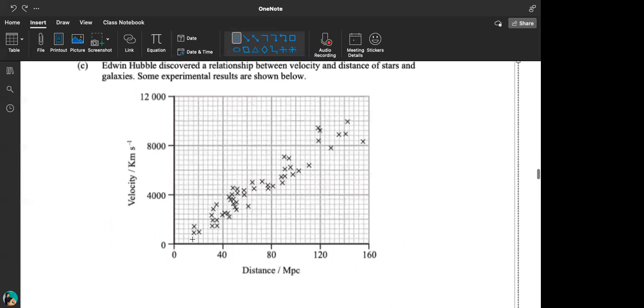So I'm going to draw my best fit, something like maybe this one.